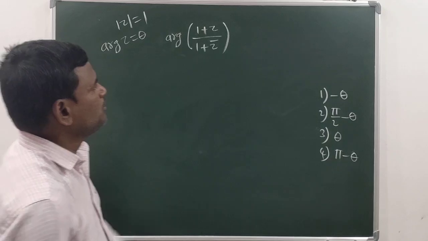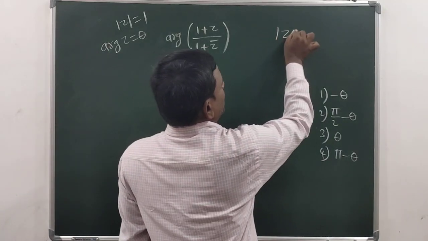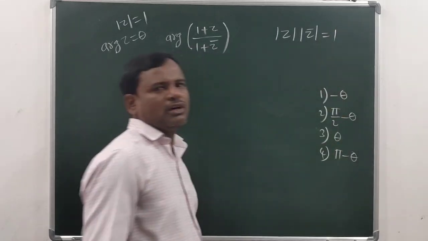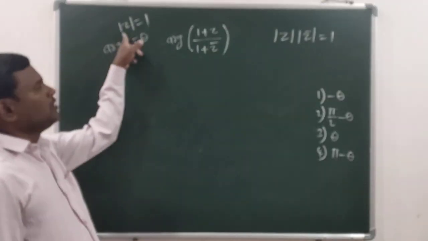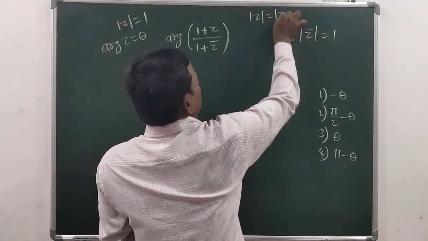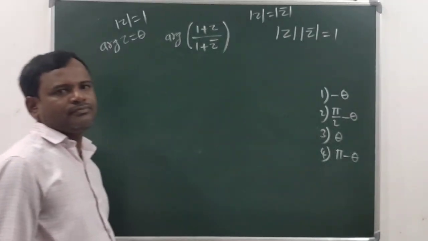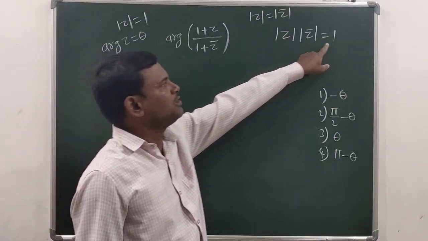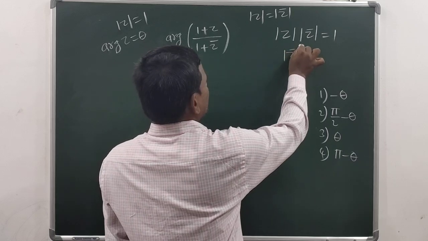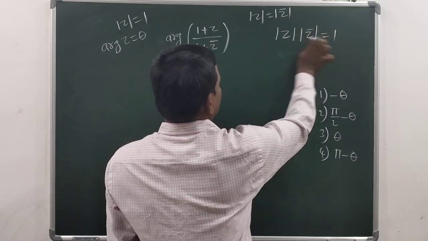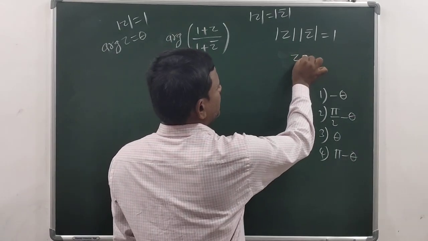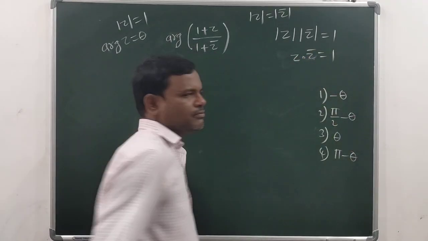You know students, mod z and mod z bar, both magnitudes are the same. Mod z is equal to mod z bar, hence their product is also 1. And also you can find z into z bar is equal to 1.